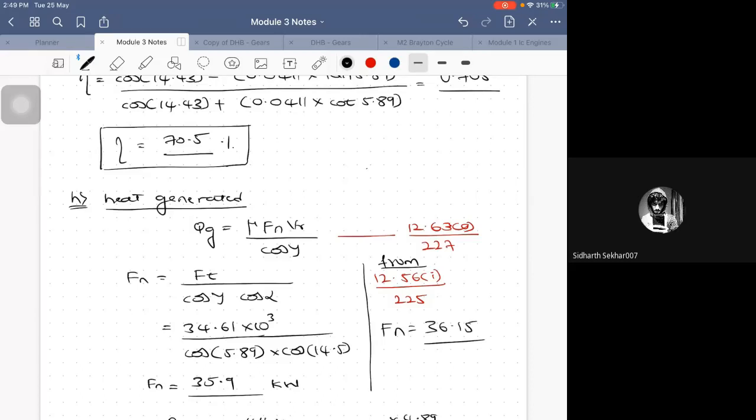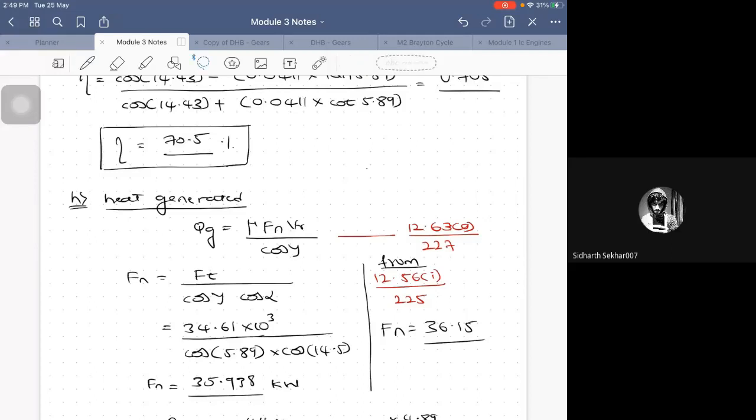I think there is no huge difference. 36.15. What is 36.15? Let me clarify, Mithun. What is the 36.15? What is the 36.08? Which value is that? How did you get it? From the data handbook equation. So there is no major difference.